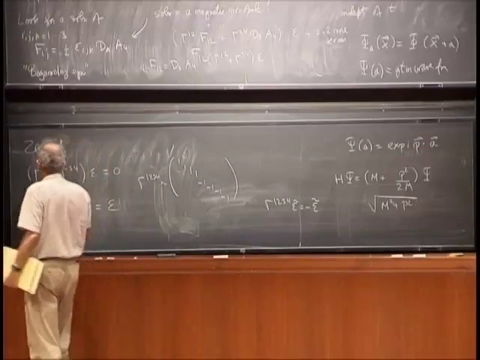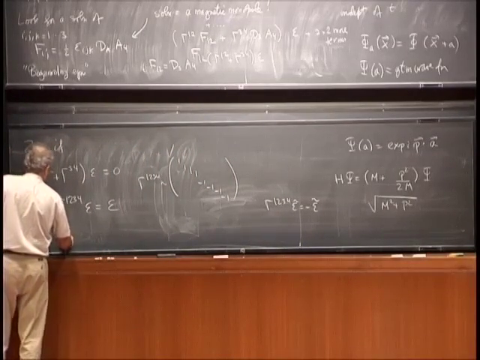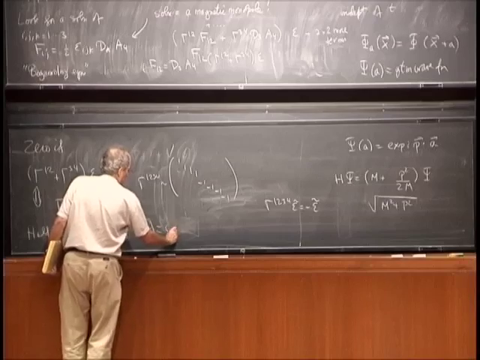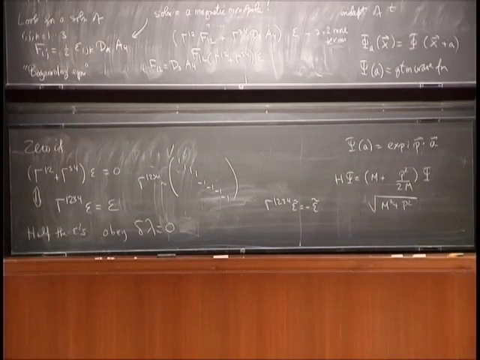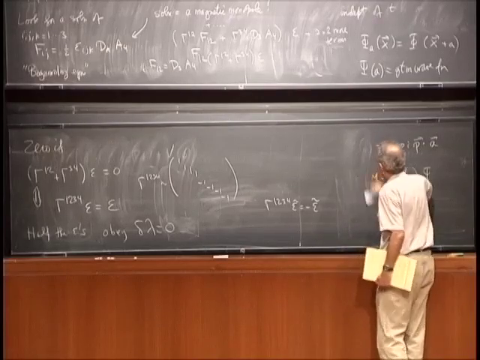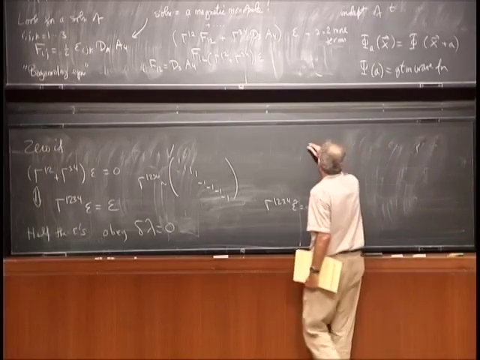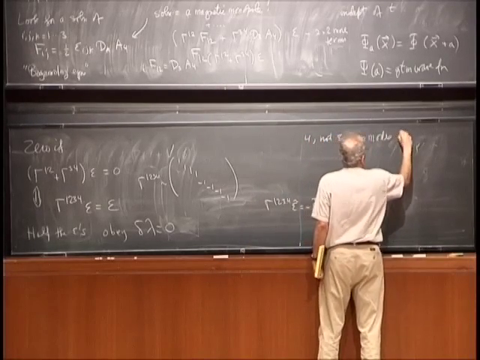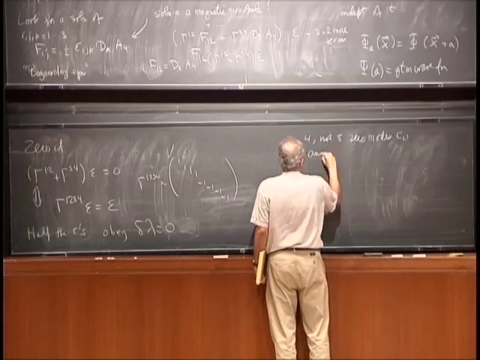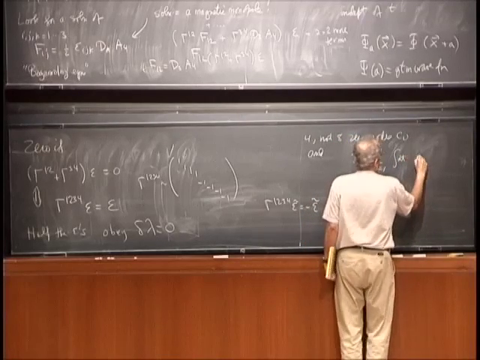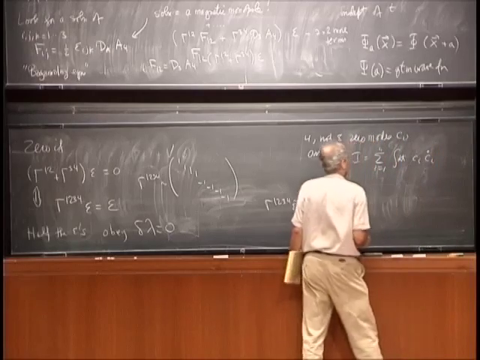So half the epsilons obey delta lambda equals 0. That means there are 4, not 8, zero modes Ci, and the action becomes this.